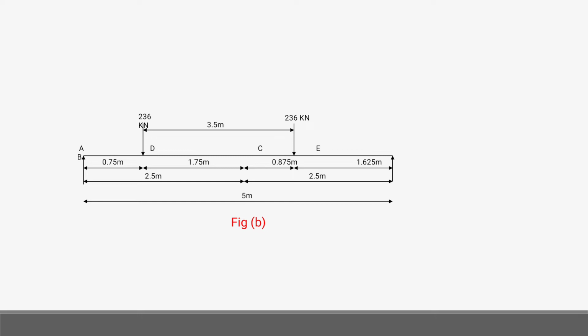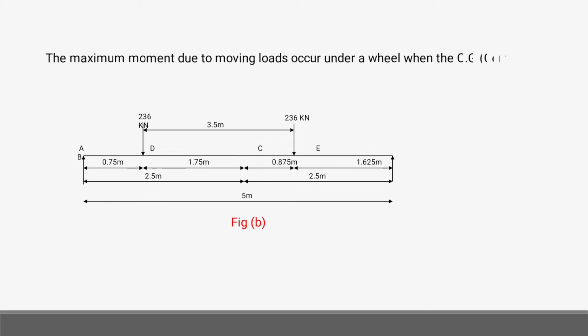Then see the diagram, just to mark the values, 236 kilonewton wheel loads. Then 0.75 is the distance, so 1.75 is also there. Then total span is 5 meter, so 2.5 split, then 1.65 the remaining sides. So the two wheel loads are between the 3.5 meter. Then the maximum moment due to the moving loads under a wheel load, the center of gravity.